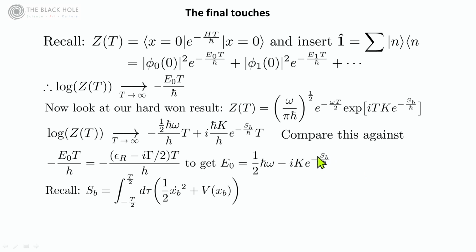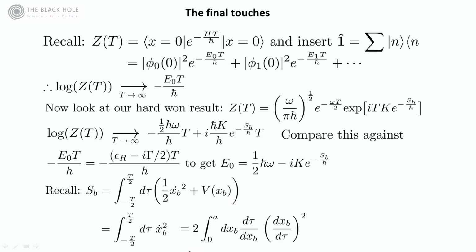The most important thing over here is, of course, what is S_B? S_B is equal to this thing, as we saw much earlier. So we're integrating from the starting time to the ending time of this action, of this Lagrangian in imaginary time? Well, we know that energy is conserved. So V of x_B is equal to half of x_B dot squared, which means that we just have one term over here, and now some minor simplification which we'll carry out.